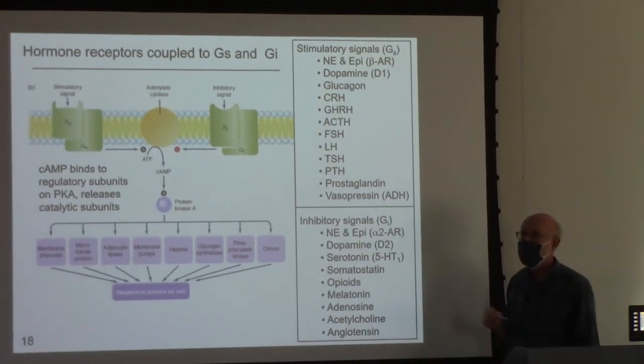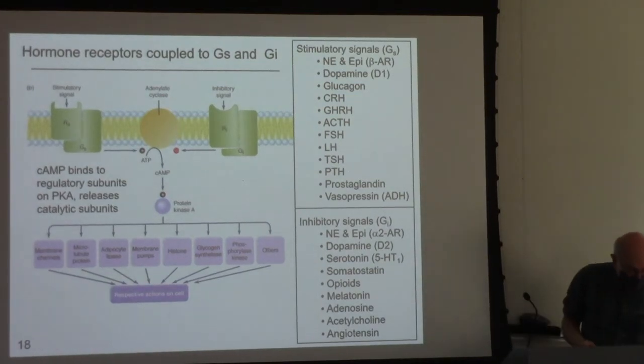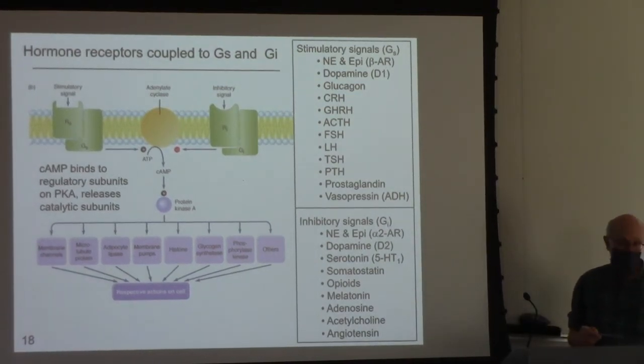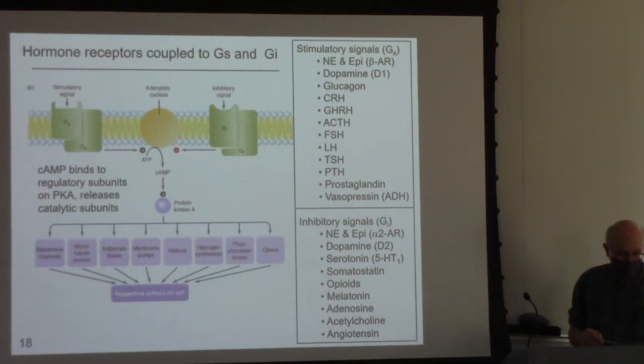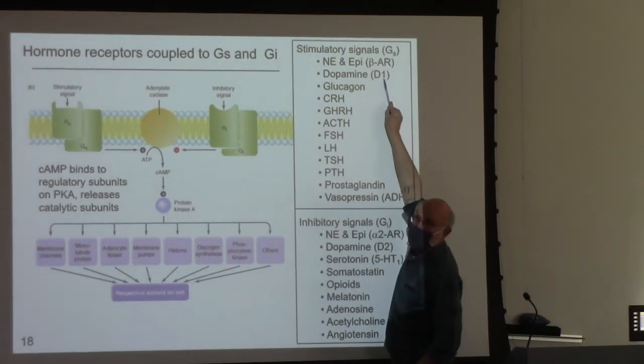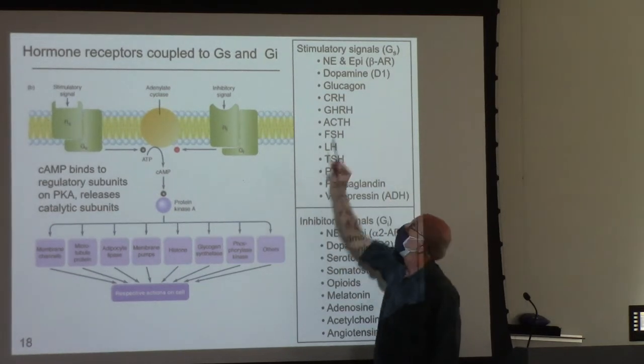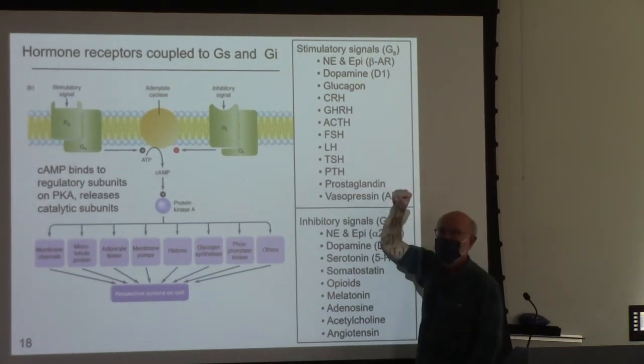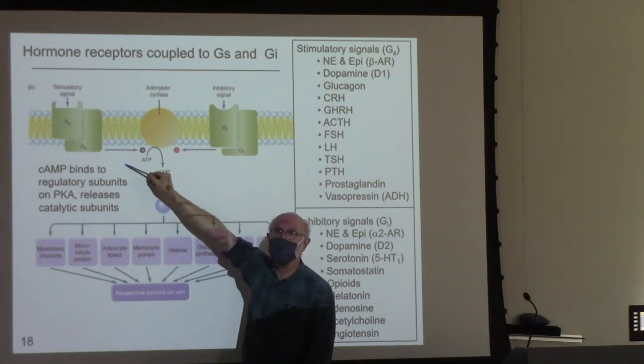Okay? But question 4 on the problem set asks you to outline the story downstream from D1. So there's the story. You can look it up and tell me the story.